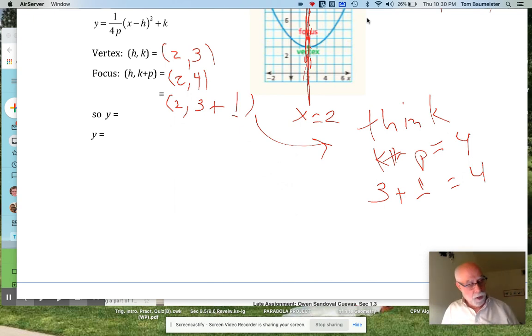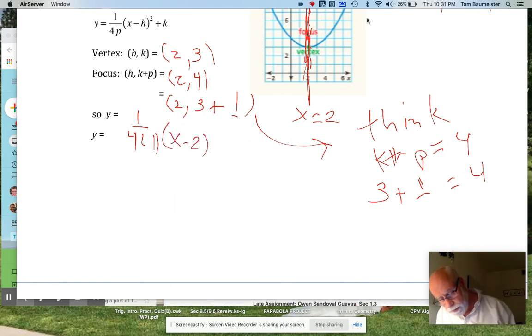Okay? So we know then by our formula, it's going to be y is equal to 1 over 4 times 1. And again, it's (x minus 2) squared plus 3. So that was supposed to go with this one right here.